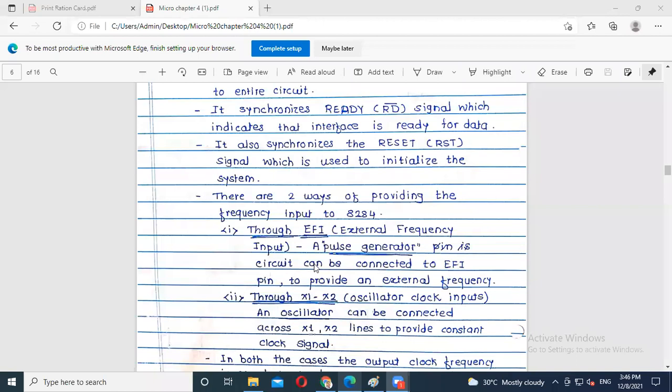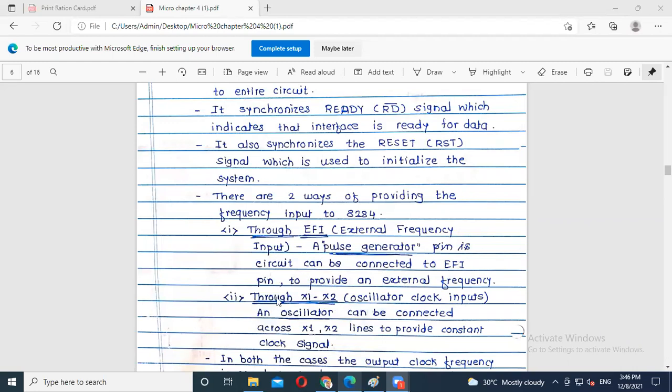As in the minimum mode configuration, there are two ways of providing the clock. The first is EFI, which is the external frequency input. In this, a pulse generator circuit can be connected to the external frequency input pin, which provides an external frequency to maintain and balance the 8086 while transmitting data in the ready state.